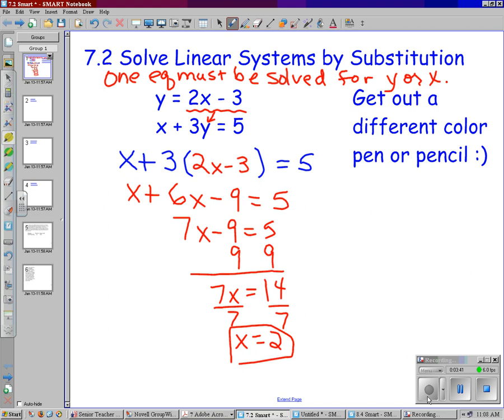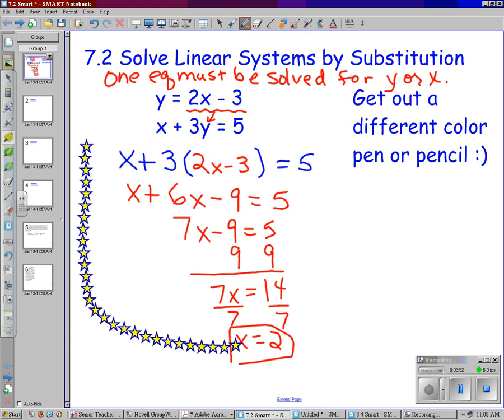And now we are going to substitute that back into the equation for x. Now I can substitute it in here, or I can substitute it in here. It does not matter which one I substitute it back in for.